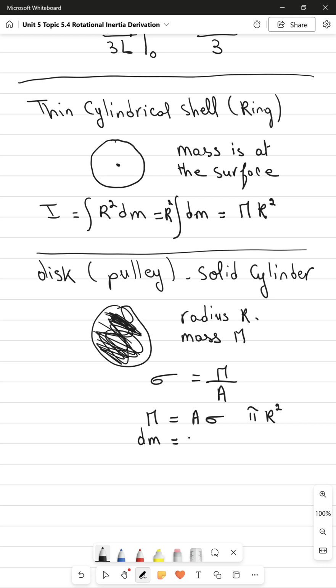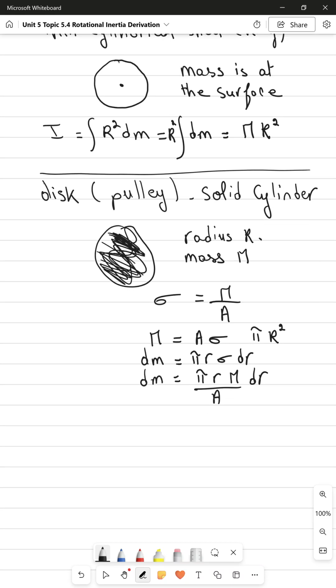So dm is going to be 2 pi r sigma dr. You learned that from calculus. So dm is going to be equal to 2 pi r times mass over area, that's what we replace sigma with, dr. And the area, as we said, is going to be pi r squared.